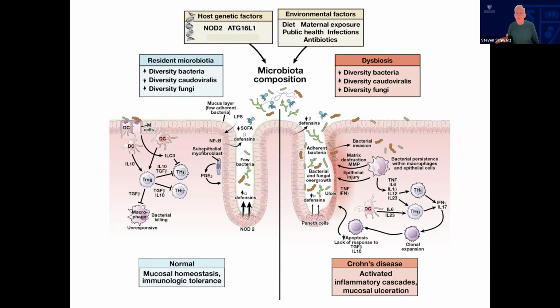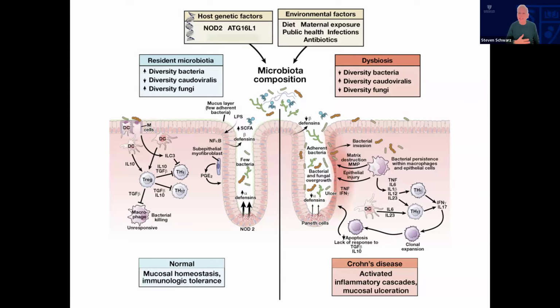Over to the right, when you have any one or more of these mutations in association with appropriate environmental factors, this leads to a reduction in bacterial diversity, an increase in viral diversity, and a decrease in fungal diversity.